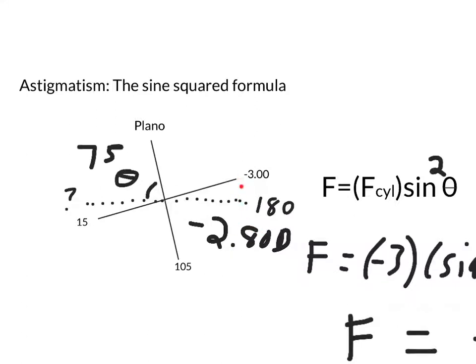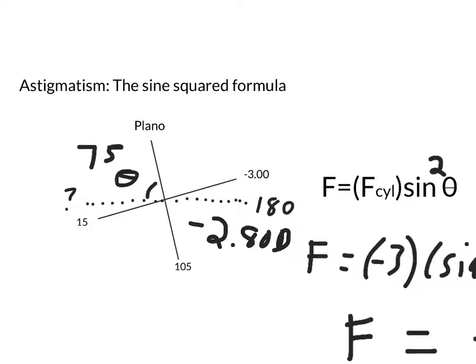If I want to figure out the 90th meridian, that value will be closer to 0. So there's a gradual change from 0 all the way to -3, and you can calculate the power of each individual meridian using the sine square rule.